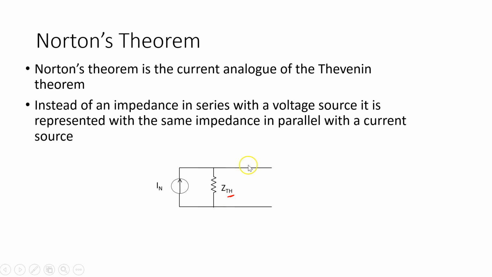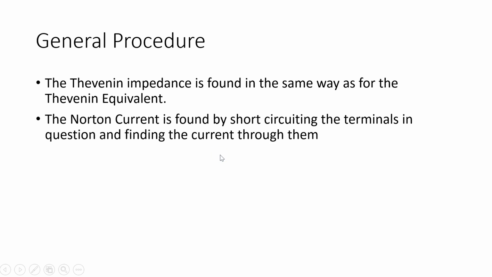It is the same resistance that you find. So you don't need to do anything new to find it. It is formed basically the same way, the same procedures that we went through, except now instead of open circuiting the terminals and finding the open circuit voltage, we short circuit the terminals and find the short circuit current.